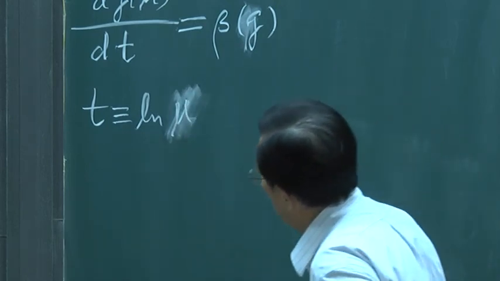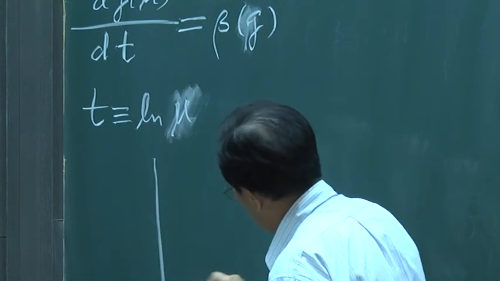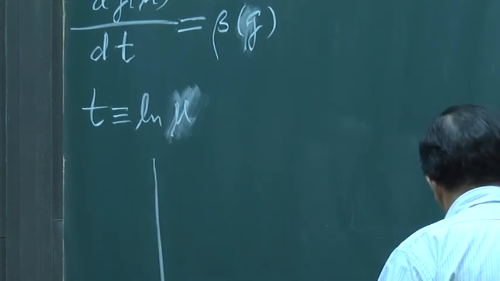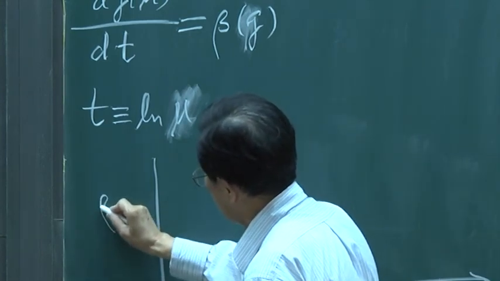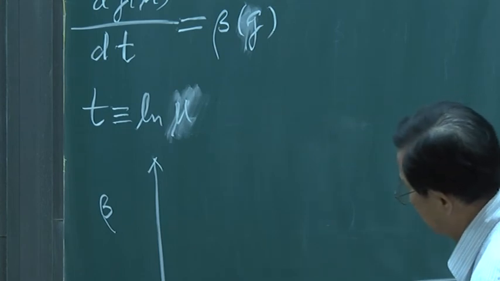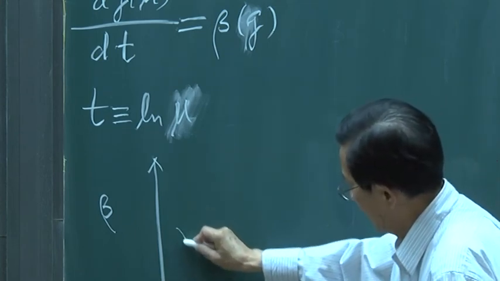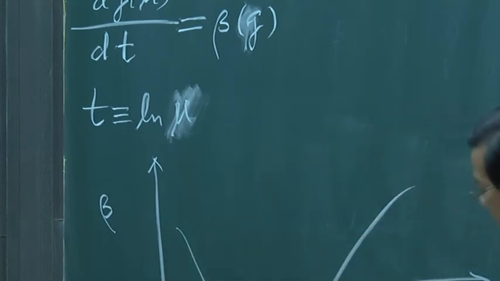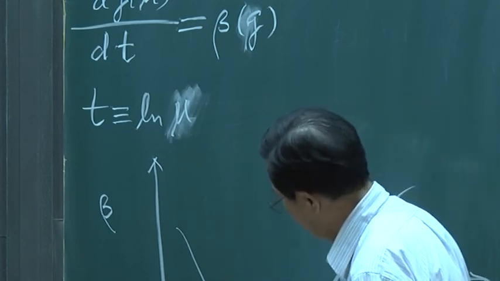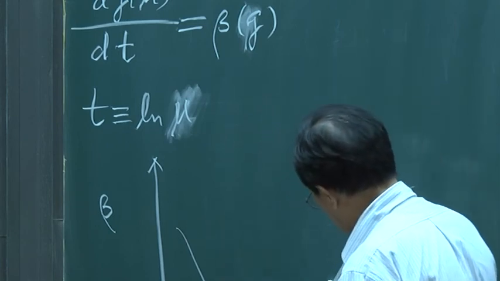So let's assume this is a curve G and then the beta is like this. And let's say the beta function is this form, whatever you choose, okay? So let's call this G1 and this G2.